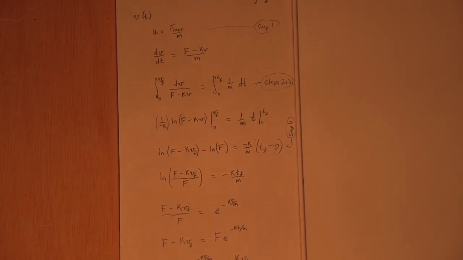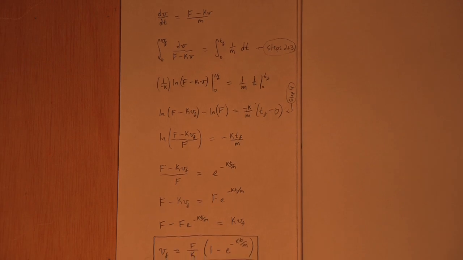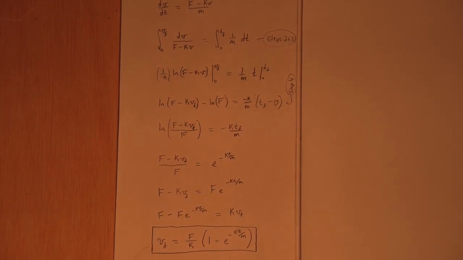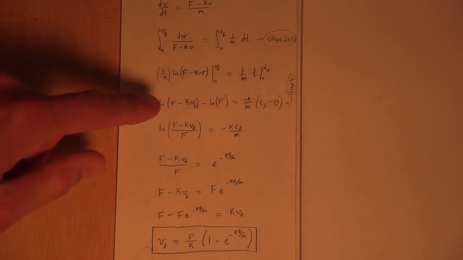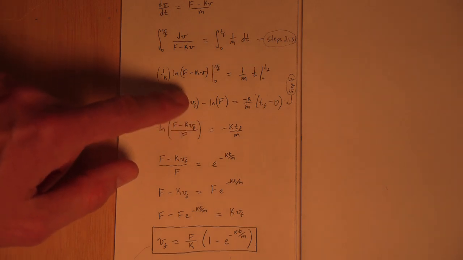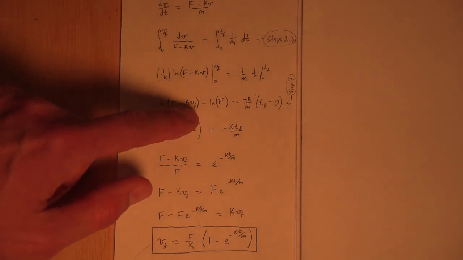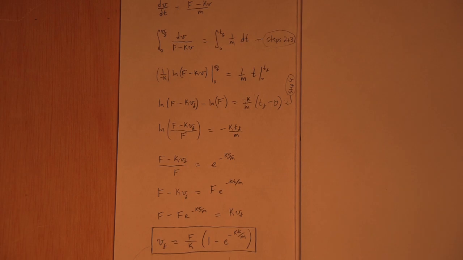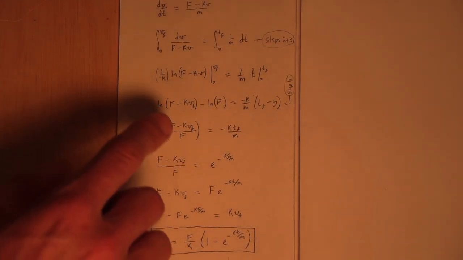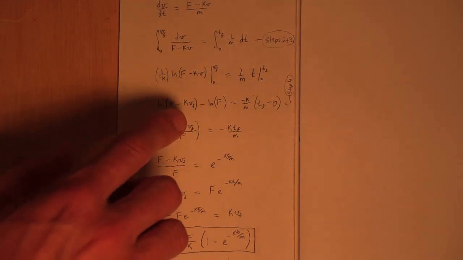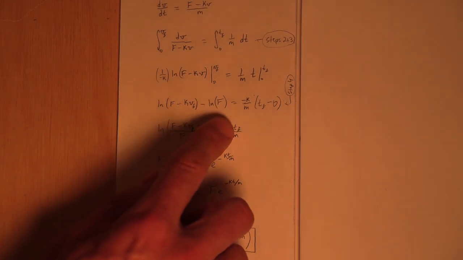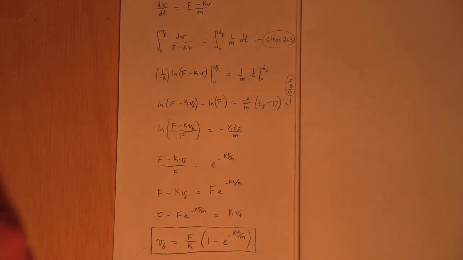Okay, so let's see, how high do I have to go? Right around there. Okay, so I plug in v final first into this term, log of f minus kv final. Here's a common mistake, another common mistake. Students say, oh, 0. I plug that in, so it's this minus 0.